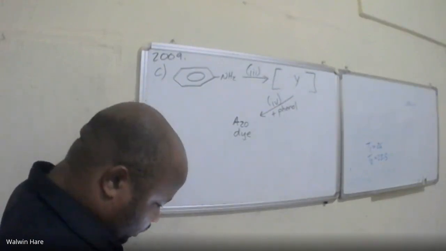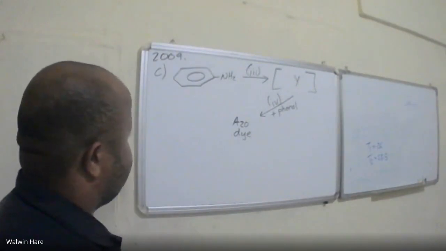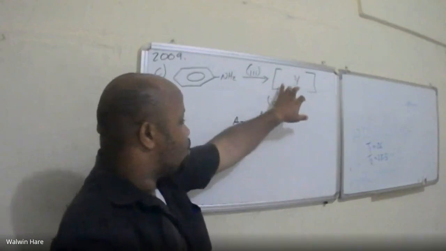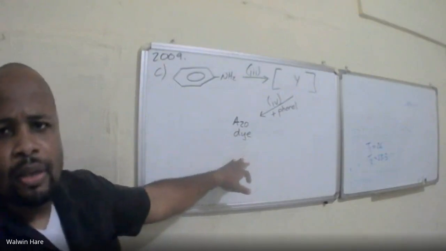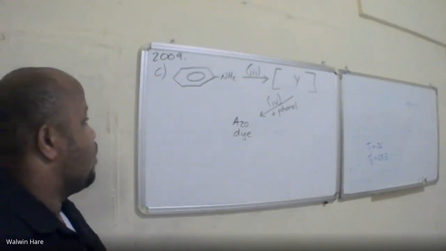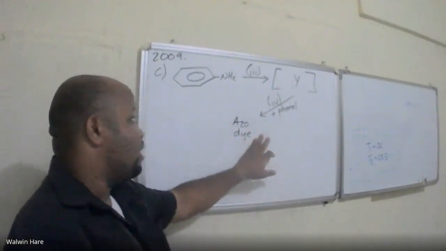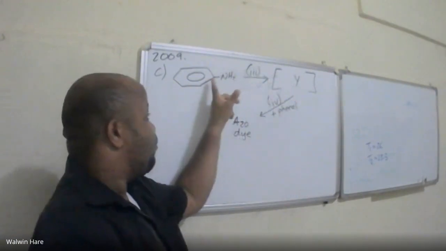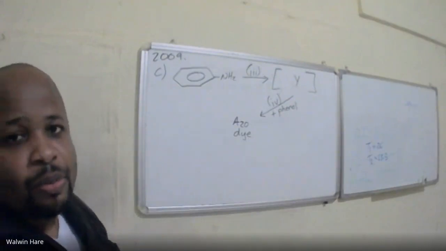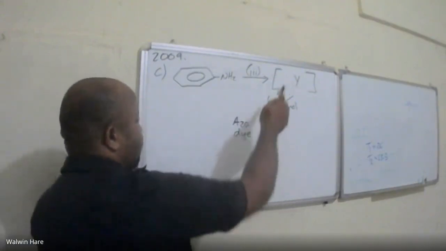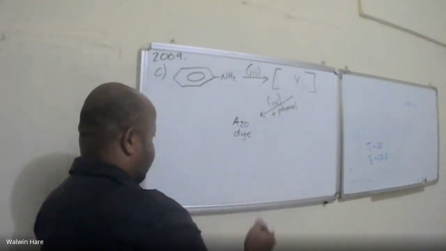All right, so the question is, write the formula of the intermediate Y. So phenylamine is this compound that you will react with phenol to give you an azo dye. Which compound can we react with phenol to give an azo dye? And that compound is coming from an amine, diazonium salt, correct. So intermediate Y is a diazonium salt.